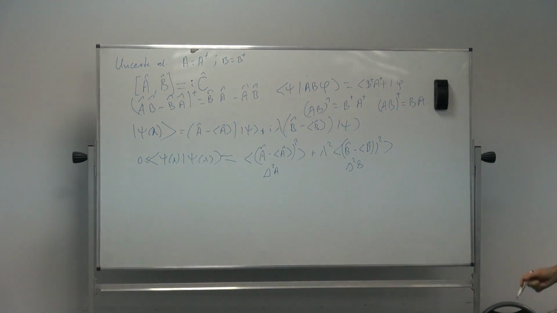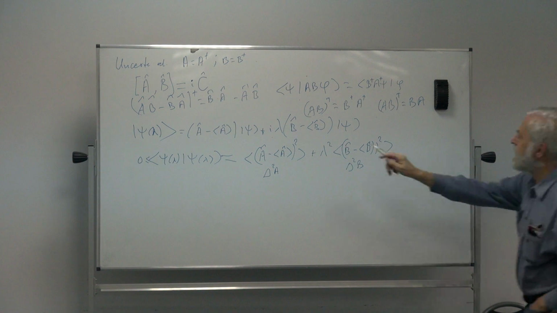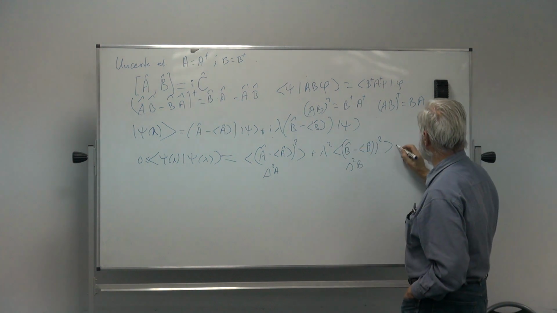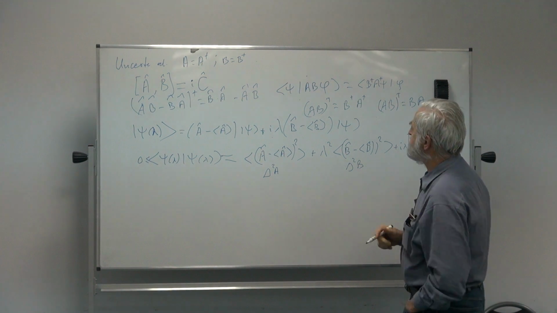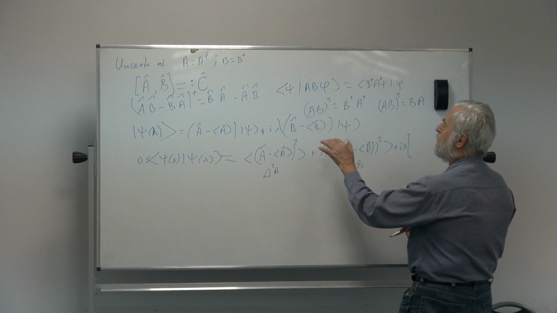And now the linear term in lambda, what will it be? It will be i lambda times two things.